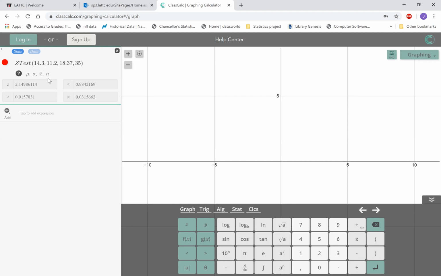The sample mean was 18.37 and the population mean was 14.3, a difference of approximately 4 years, which is pretty big. If you look at the p-value, what p-value does it give us? Yeah, it gives us 0.0158.